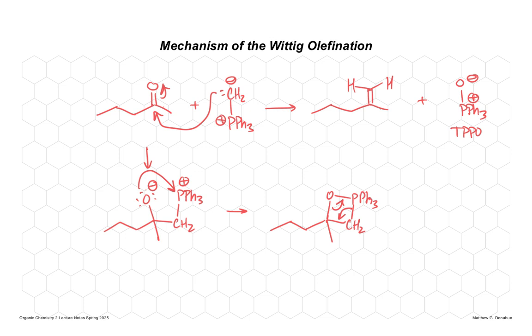So a resonance form for TPPO is where you're actually showing the PO double bond, and then you don't have those formal charges. So again, that carbon atom is what was delivered by the Wittig reagent.